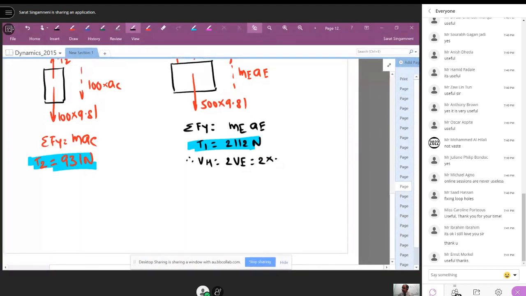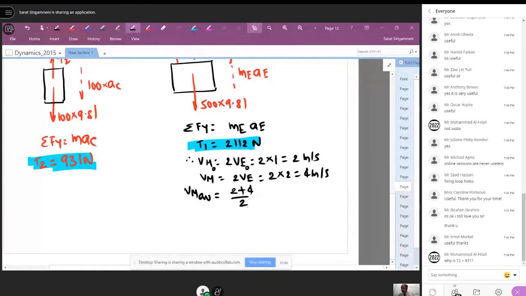So the velocity initial is 2 times 1 equals 2 meter per second, and velocity final is 2 times velocity of e final, which is 2 times 2 equals 4 meter per second. So Vm average velocity is 2 plus 4 over 2, which is 6 over 2, which is 3 meter per second.